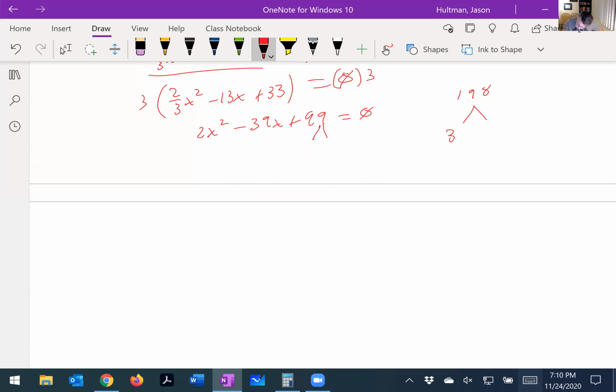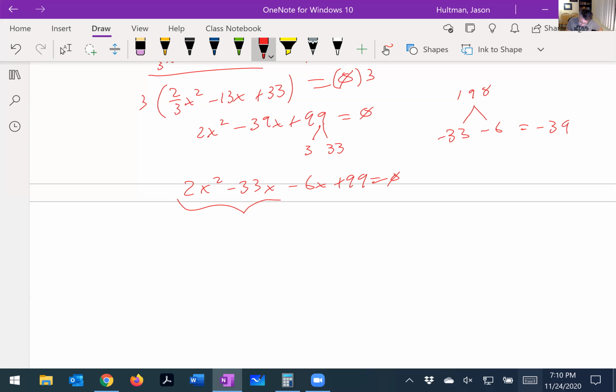Okay, so let's do this. 33, negative 33, and negative 6. Okay, because this is 3 and 33. So that is negative 39. Okay, good. So 2x squared minus 33x minus 6x plus 99 is equal to 0.